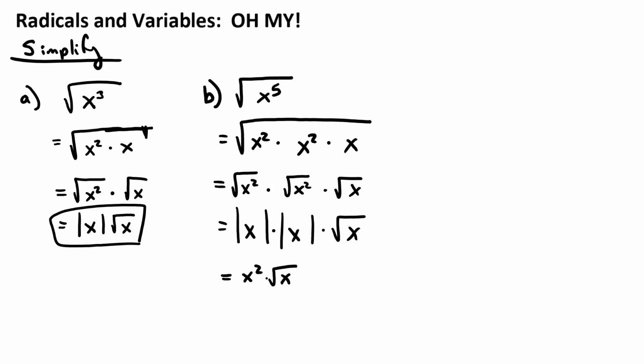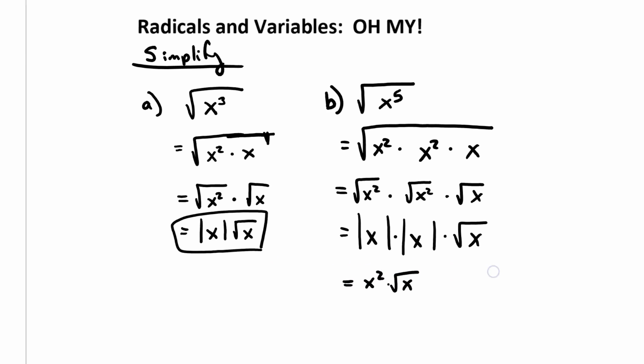Why? Well, let me just do a little side work. You don't have to write this down or anything. If I were to say negative 5 times negative 5, that is 5 times 5, which is 25.